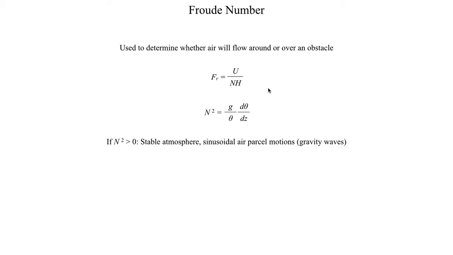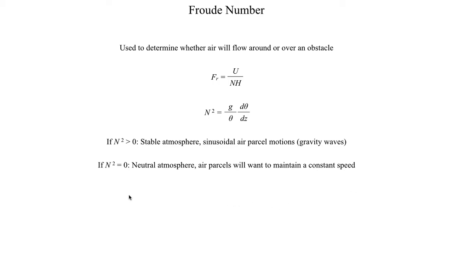There's a specific name for that phenomenon, which is known as a gravity wave. You'll talk more about the anatomy and processes behind gravity waves in some of your later meteorology classes, but just so that the idea is not a complete shock to you, I do want to introduce it.